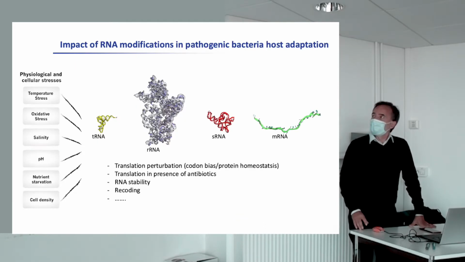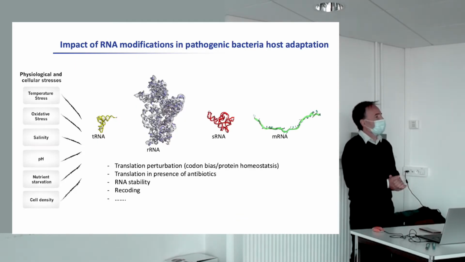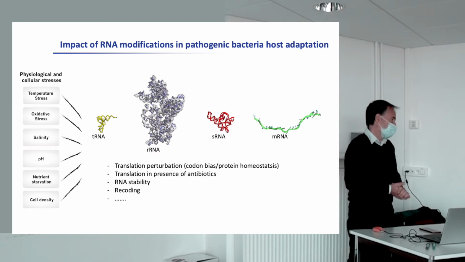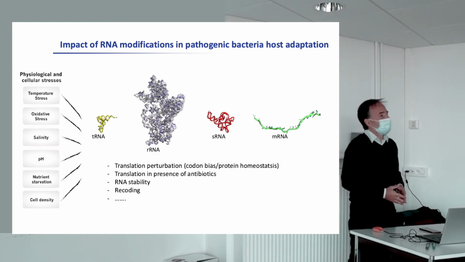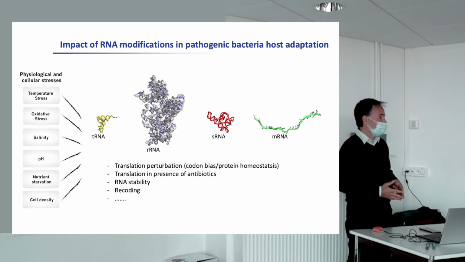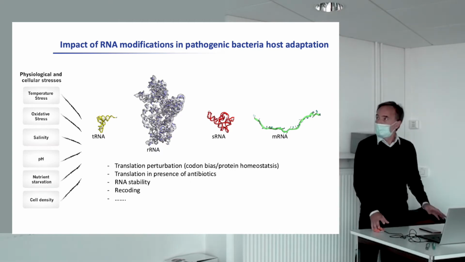Okay, but today we will limit the discussion to the impact of RNA modification. I will give you examples of how RNA modification can play an important role in these adaptive processes in pathogenic bacteria.